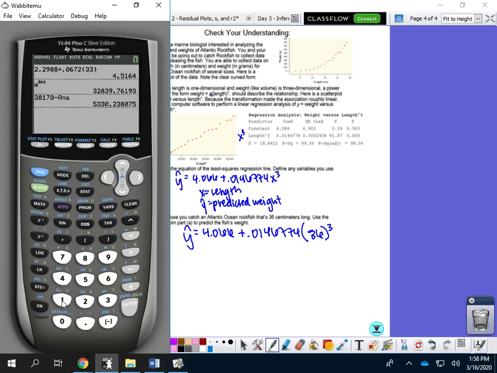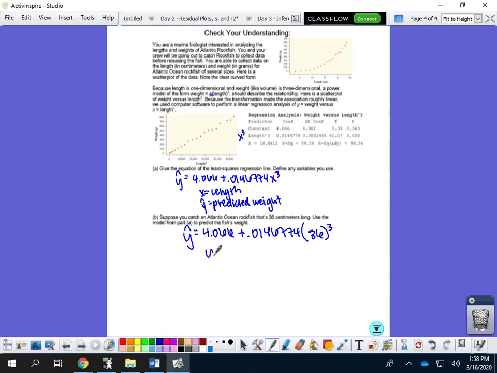This one isn't too hard at all. So we have 4.066 plus 0.014677 times 36 cubed. And we get 688.855.